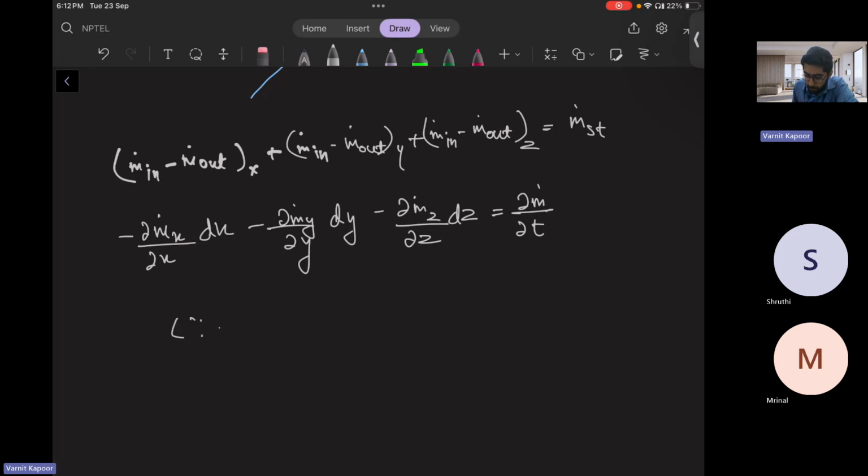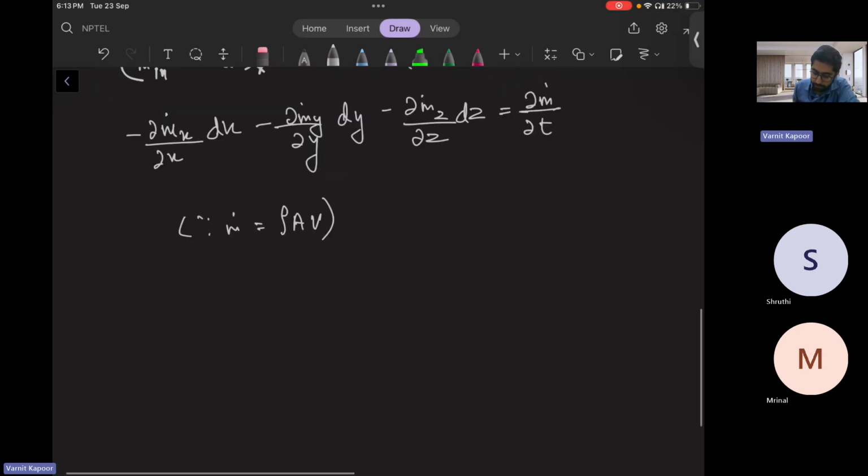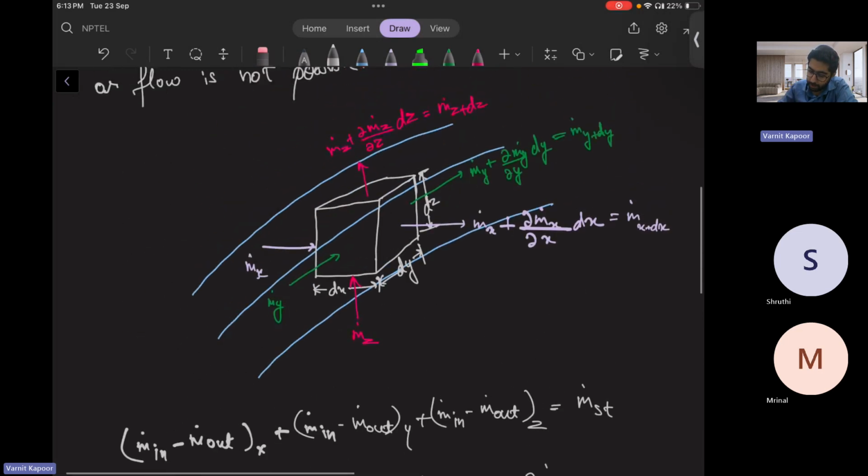Generally, mass flow rate is nothing but density into area into velocity in a particular direction. So for the x direction, it can be written as ∂ of rho. What will the area be if the mass is flowing in the x direction?